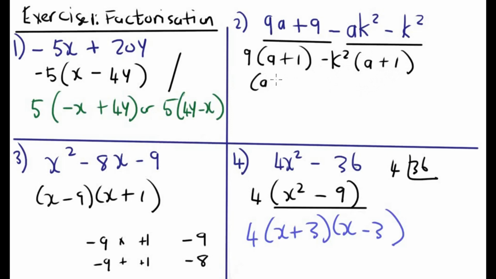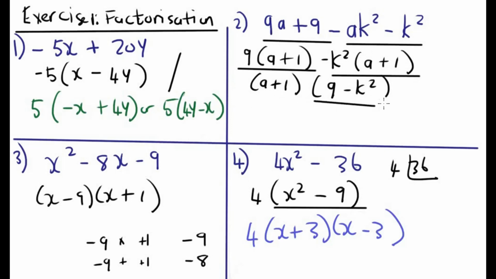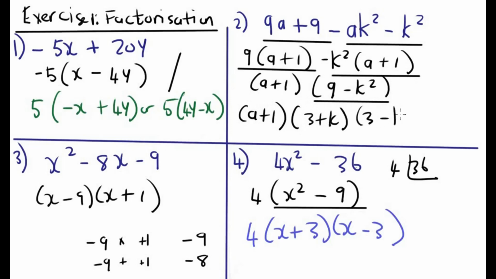So here once again I can take out a plus 1 as my common factor because I've got two terms over here, and then I'm left with 9 minus k squared. But what you'll notice is this 9 minus k squared is a difference of squares. So I'm left with a plus 1, and that is 3 plus k, and then that's 3 minus k.